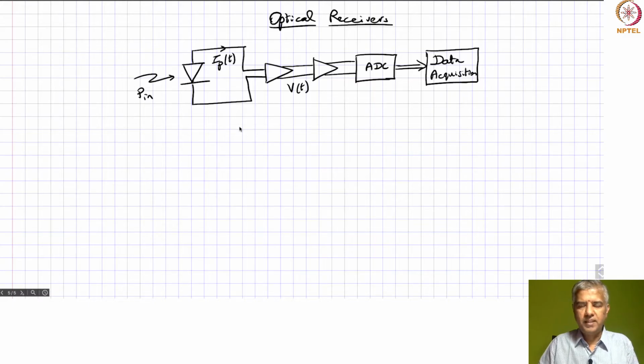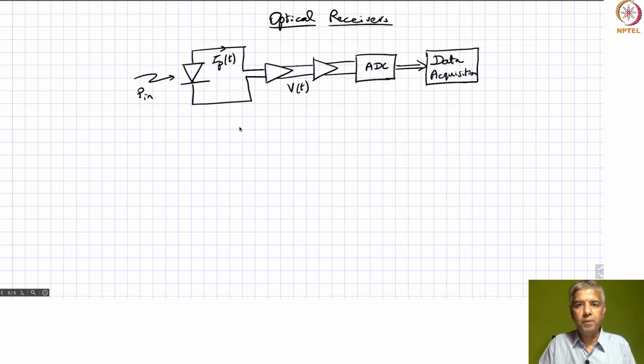Hello friends, in our last lecture we started talking about optical receivers. In an optical receiver, the front end is a photodiode which takes the incoming optical radiation and produces a corresponding photocurrent. That photocurrent needs to be converted to a voltage, and that is done using a transimpedance amplifier.